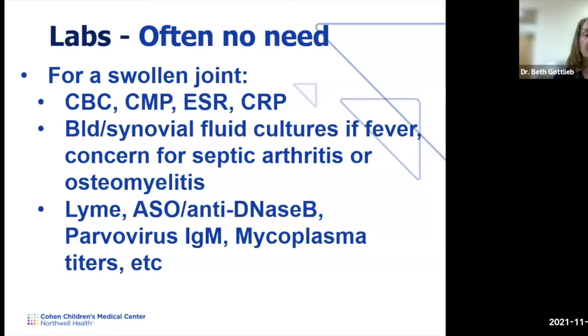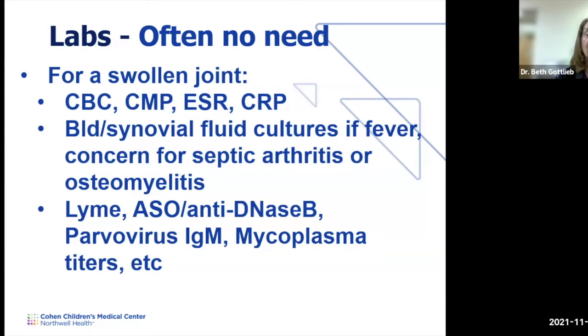Otherwise, we really don't need to be tapping a joint. In the adult world, it's done frequently for a monoarticular arthritis, but again, very rare in pediatrics, because in pediatrics, we often find monoarticular arthritis, especially in JIA.